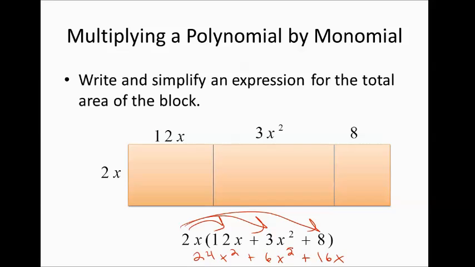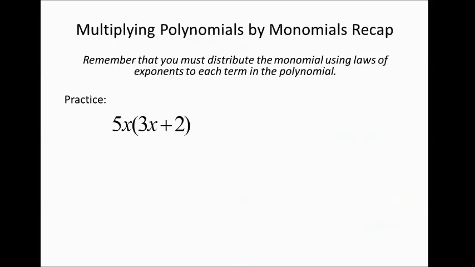Sorry, 6x cubed. And so when I rearrange that in standard form, it comes out as 6x cubed plus 24x squared plus 16x, just like the way that I did it after I added up each area. So it comes out to be the same. All right, now let's go to the next problem.